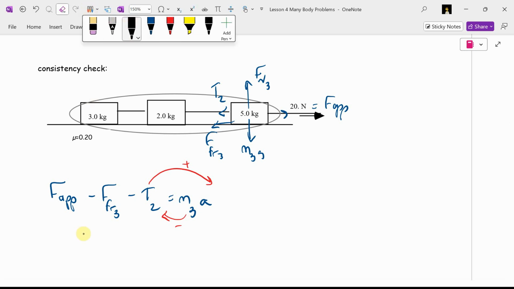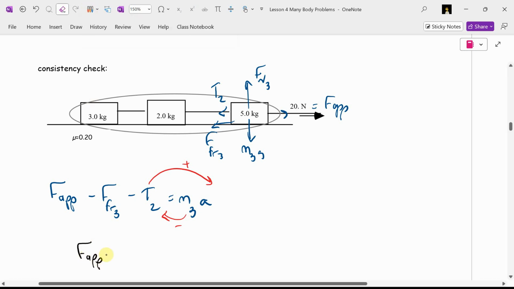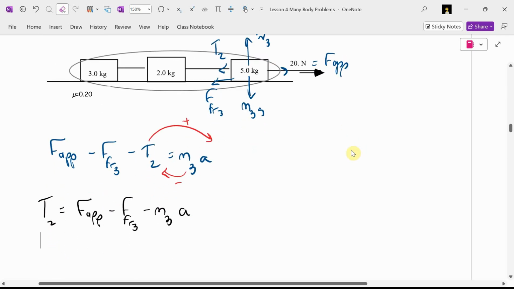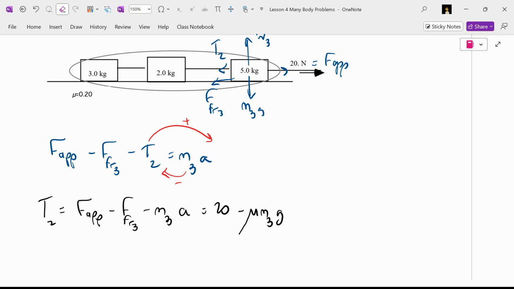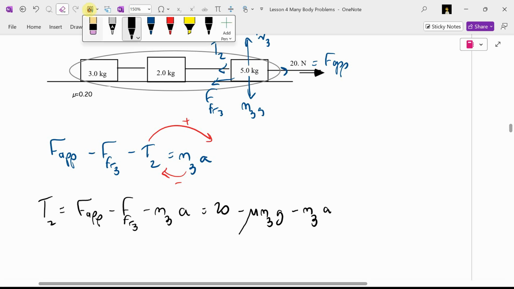And I'll get F applied minus friction 3 minus M3A, and I'm going to write the tension equals over on this side because that's where we're used to seeing the thing by itself. It's going to be F applied 20 minus mu M3G. I've done that a couple of times. I just lifted that right from the previous examples. Minus M3A. And now I can plug and chug.